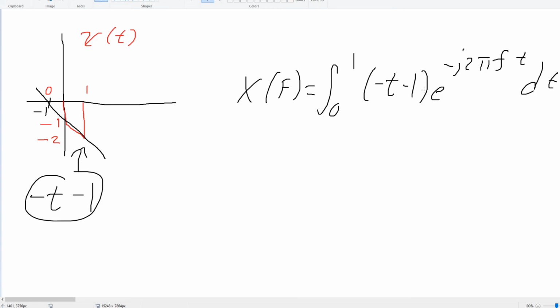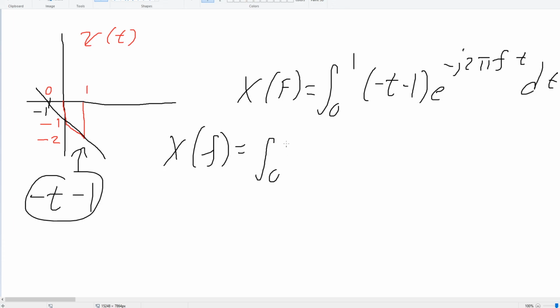Let me show you a helpful trick, just in case you don't remember from calculus. You have X of f. Because you have a minus over here, if you're either adding or subtracting, you could just split this up.